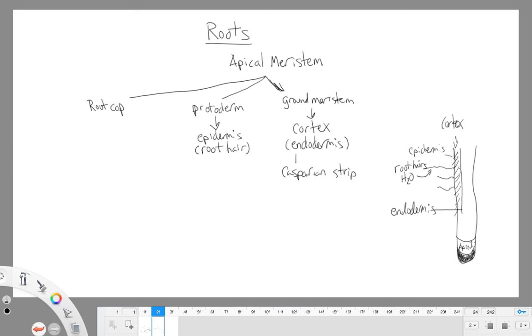So in the inner part of our root is where our vascular tissue is. That is the xylem and the phloem tissue, and it's the xylem that's going to transport water and minerals up throughout the rest of the plant. Well, this Casparian strip of the endodermis means that water just can't diffuse across into the xylem and start traveling upward.